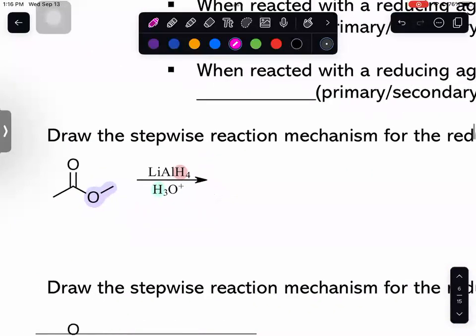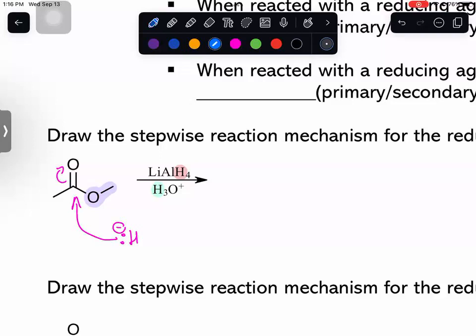Okay, same process, everything starts the same way with that hydride ion. That hydrogen, again, is the one that came from the lithium reagent. It's doing the first nucleophilic attack to the carbon. And again, to not break the octet, push the electrons up to the oxygen. So now we have the O minus, and we have our little baby hydrogen.